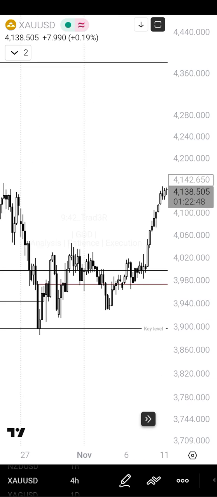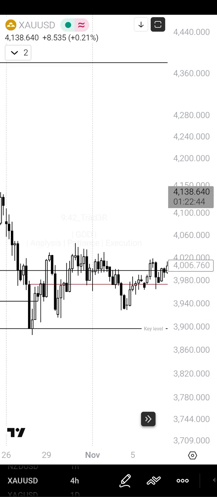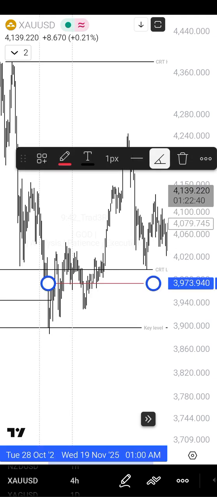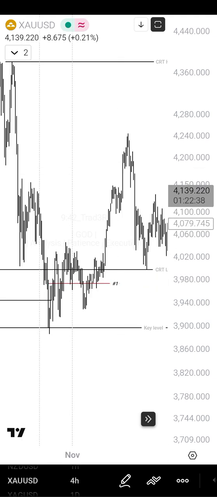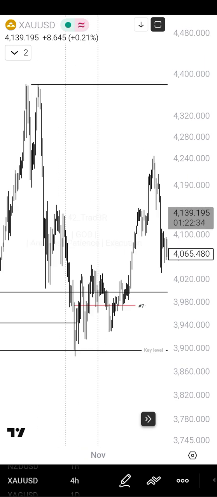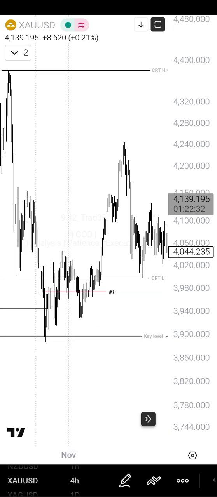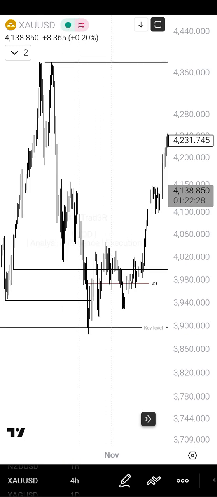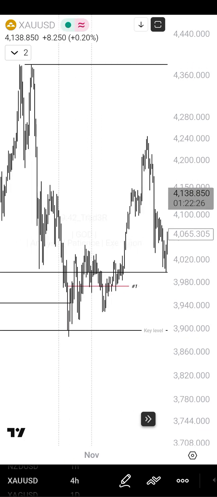After a single close above, you can then enter at the model number one, which you can see here. So that's manipulation, and that's manipulation explained in hindsight.